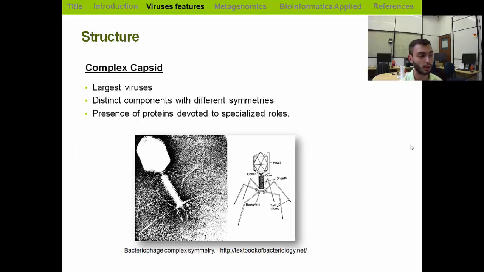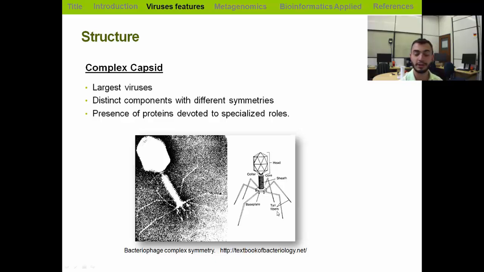And you have the complex capsid symmetry, found in the largest viruses, and you have the bacteriophage T4 as a very good example of this. You have distinct components in the capsid with different symmetries. Here you have icosahedral symmetry in the head, but not in the tail.